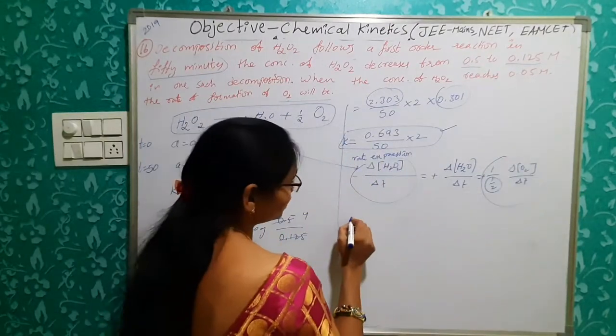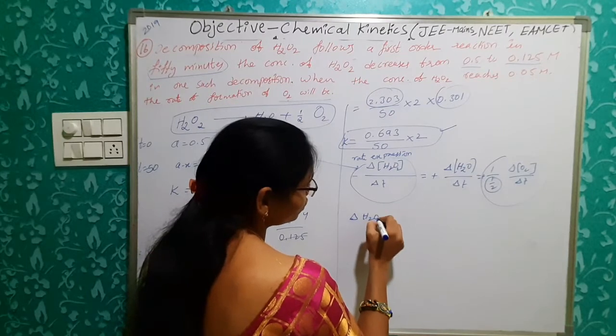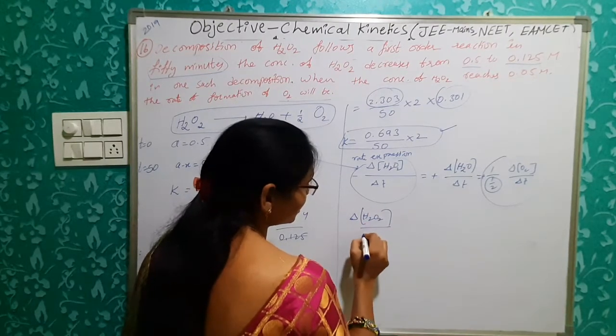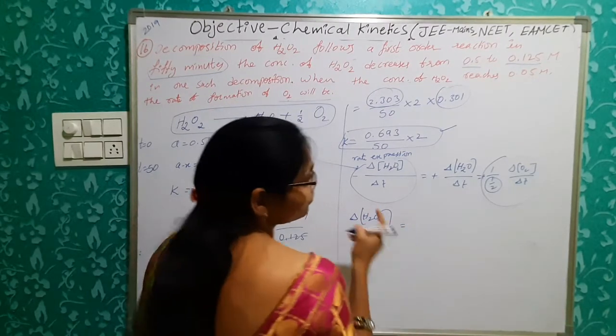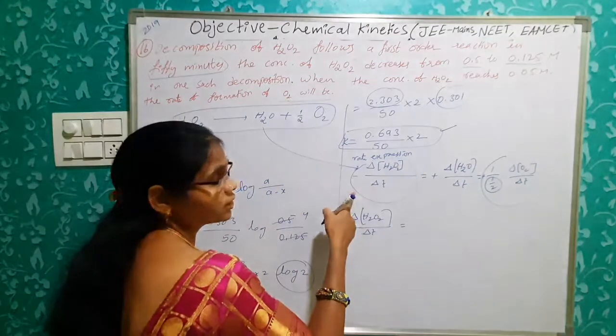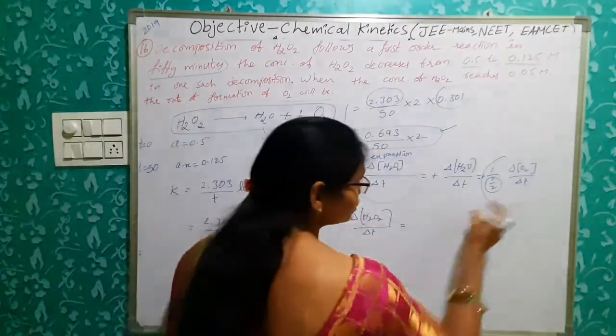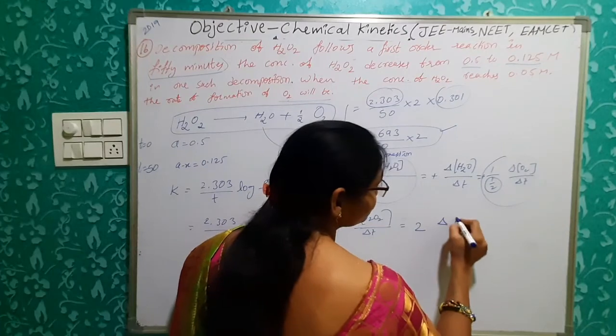Simply, delta H2O2 by delta T, the decrease in the concentration, means rate of disappearance of H2O2 is equals to rate of appearance of O2.